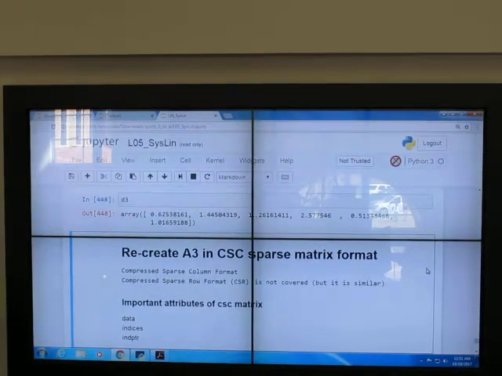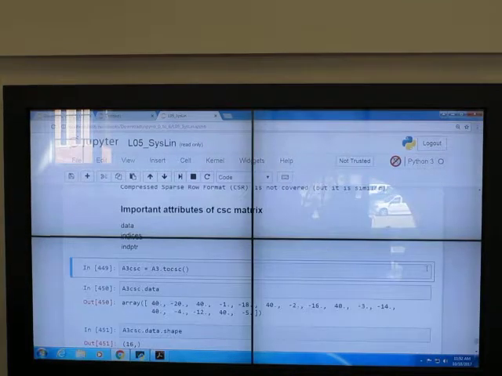Okay. So let's talk about matrices in CSC sparse matrix format, compressed sparse column format, or CSC. Attributes that you can call from this CSC matrix are .data, .indices, and .indptr, the index pointer.